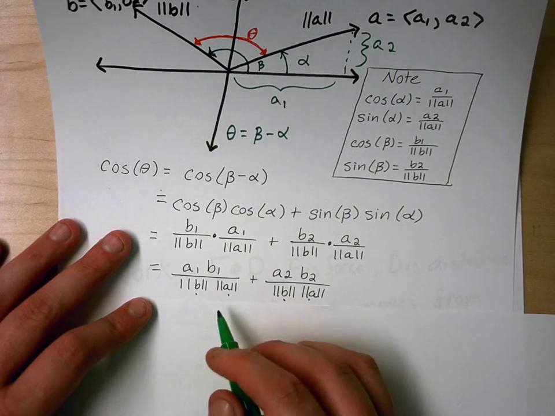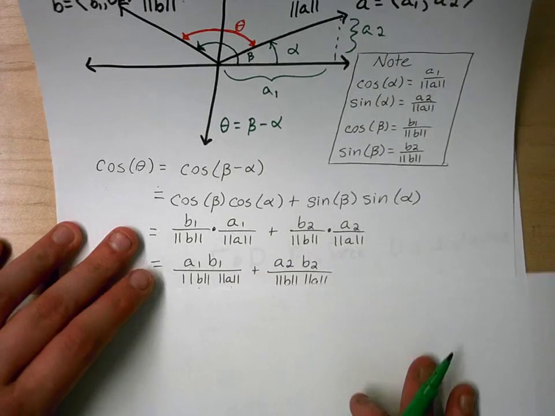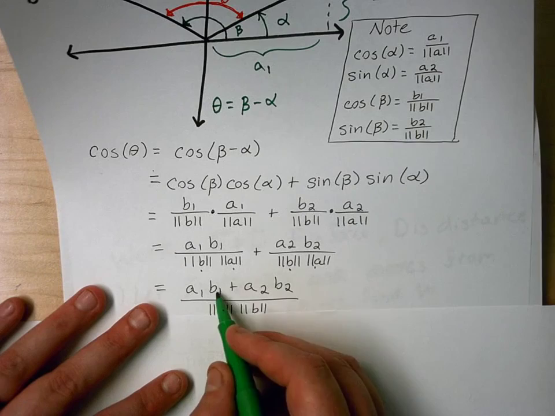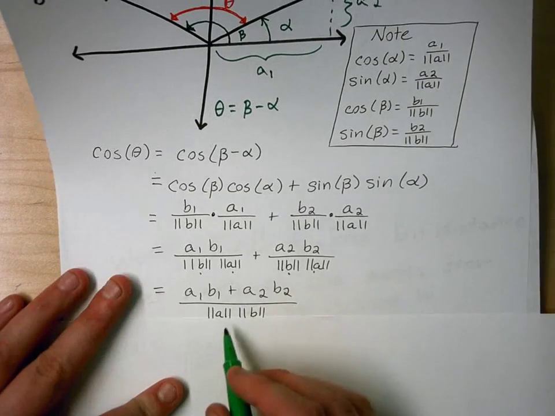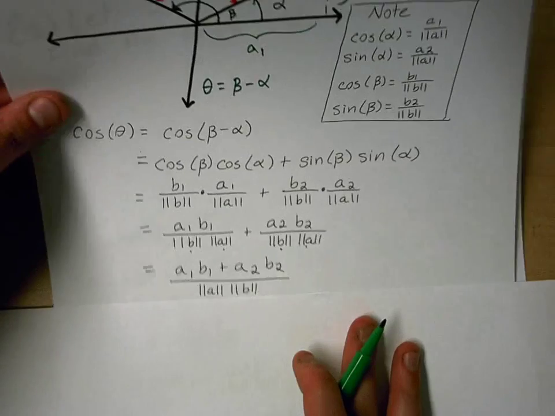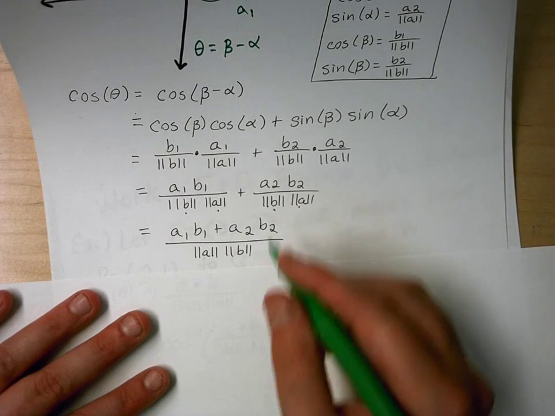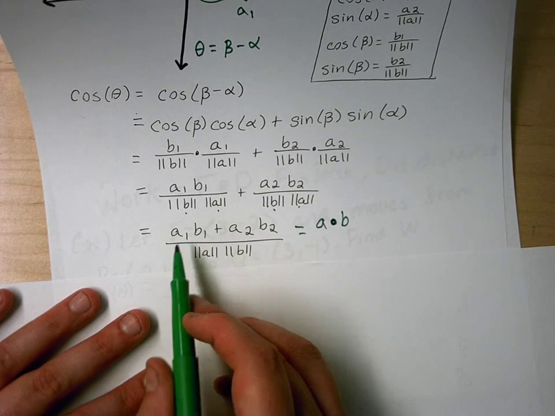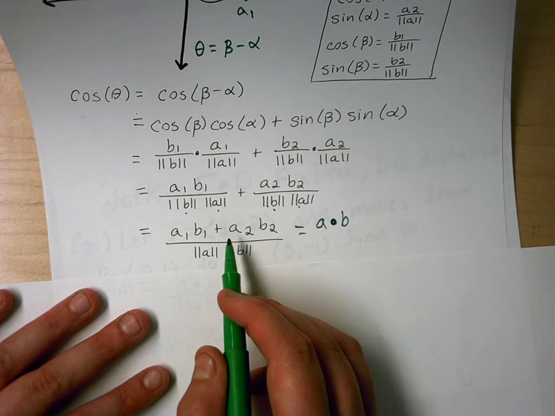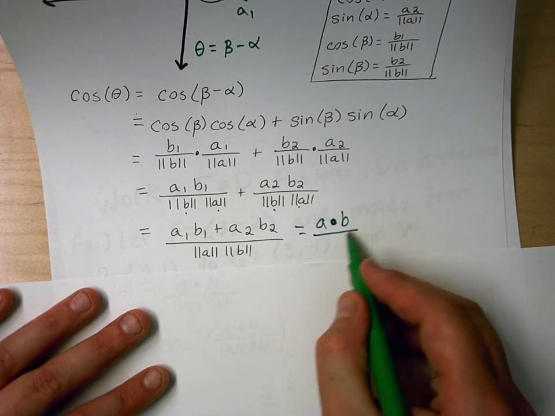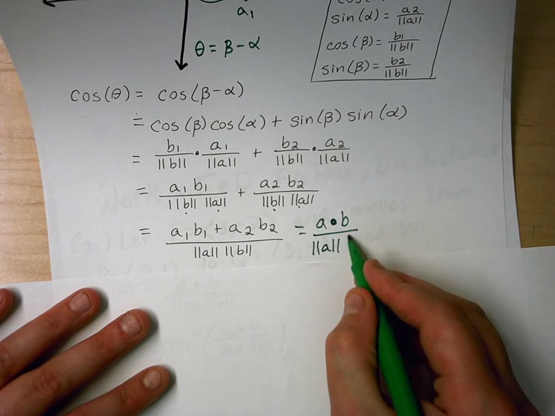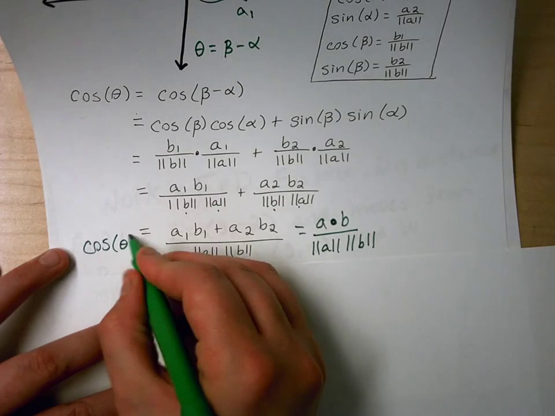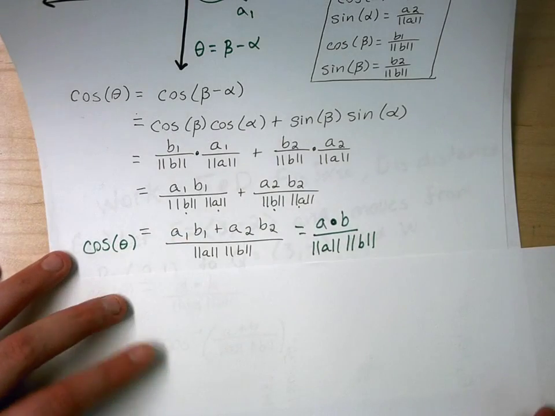My common denominator for both of them is the magnitude of B times the magnitude of A. So I can put them together, and I get A1 times B1 plus A2 times B2 over the magnitude of A times the magnitude of B. Now remember that the dot product of A dot B was A1 times B1 plus A2 times B2, and that's over the magnitude of A times the magnitude of B. Remember that this equals cosine of alpha still, so this has just been dropping down with us as we go.